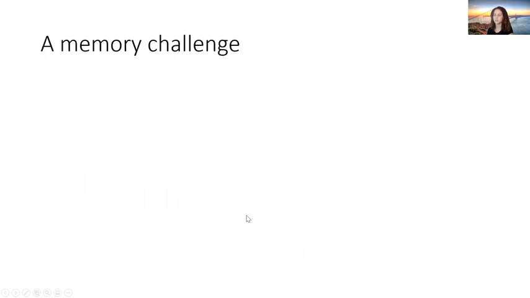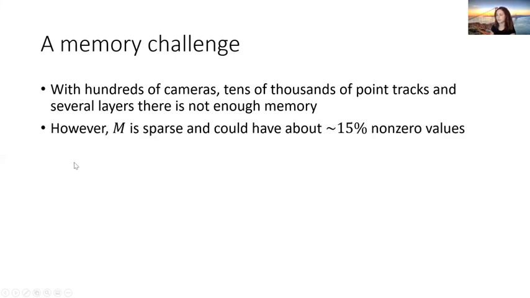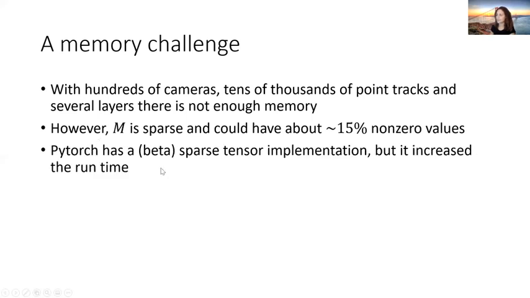Another challenge that we had was a memory challenge. We had hundreds of cameras and tens of thousands of points. And after several layers, this thing gets really huge and there's not enough memory. So we tried to use the sparsity of M. Since M is very sparse, it has only about 15% non-zero values.